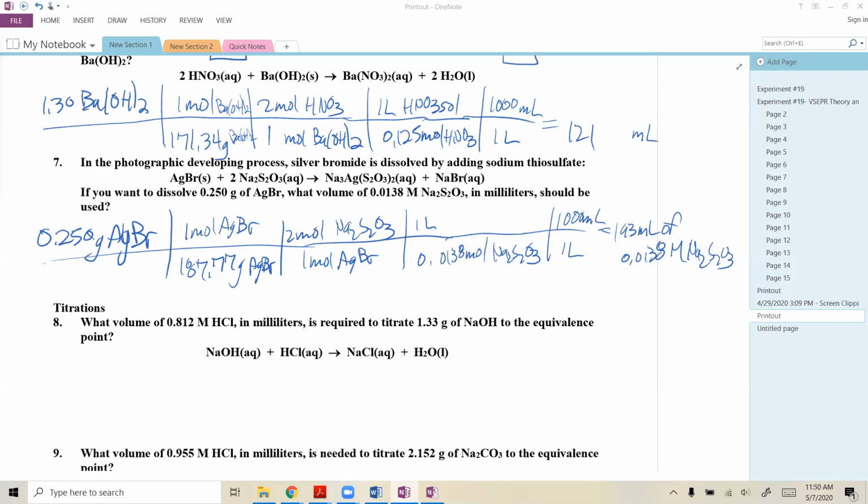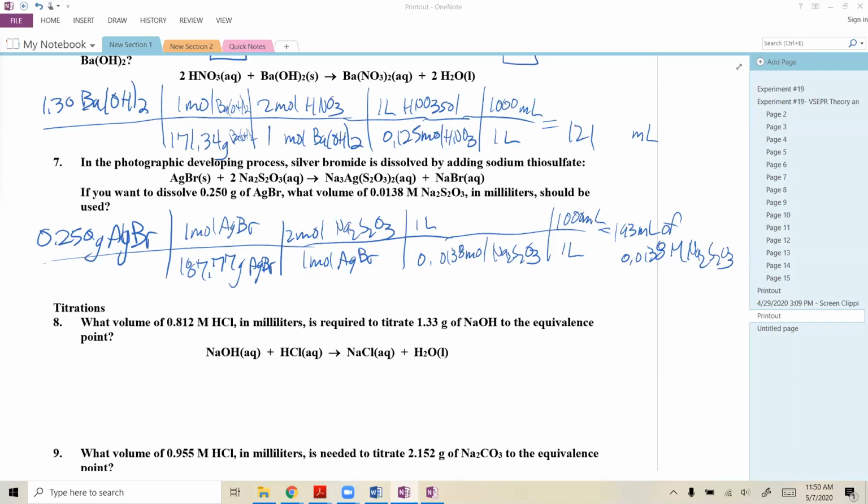We're starting off with the grams of our product that we want to dissolve, right? This is the silver bromide. And so we need to get that over into moles, so we use its molar mass. And then we use the balanced equation in order to change it from the moles of silver to the moles of sodium thiosulfate.